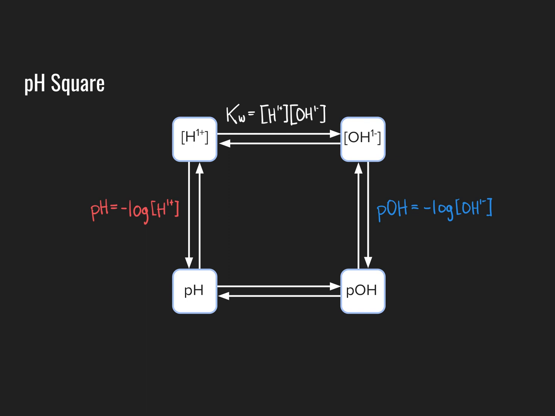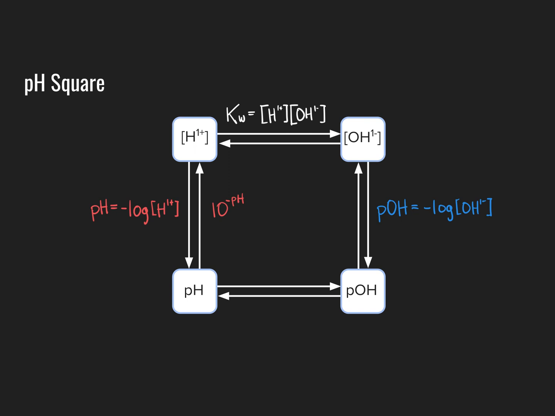Now, in order to move in the reverse direction, that is to go from a P function back into one of the corresponding concentrations, I would have to inverse the operation of the log function, which is, as you are familiar, an exponent. So therefore, if I want to move from pH to the hydrogen ion concentration, all I will need to do is to take 10 to the minus pH power.